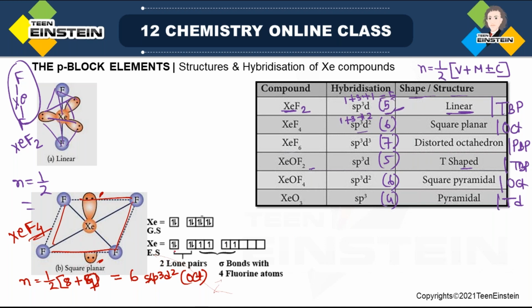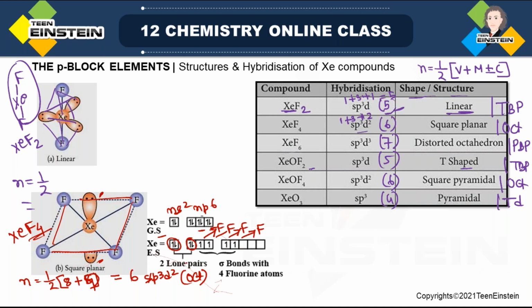Another way also you can find out the hybridization. For xenon, this is the ground state configuration, 5s2 5p6. And when it is excited state, 2 pairs are broken and they are shifted to d orbital. Now you have a total of 4 unpaired electrons. These 4 unpaired electrons will form bonds with 4 fluorine, and these two will be considered as lone pair.